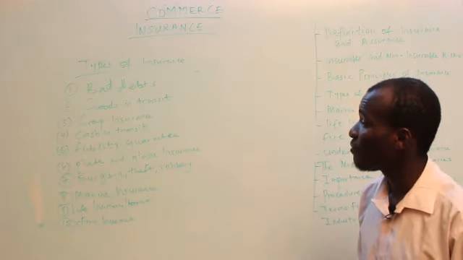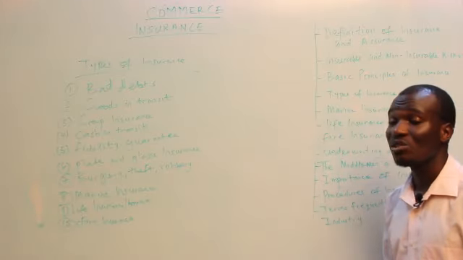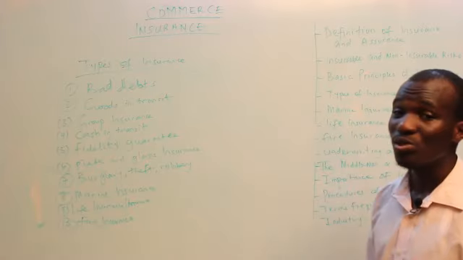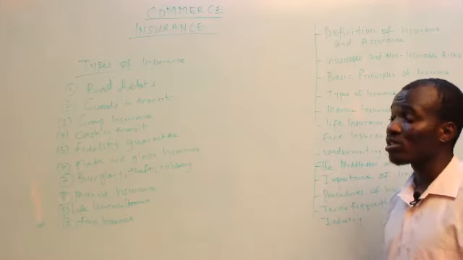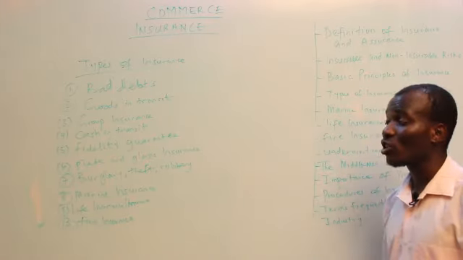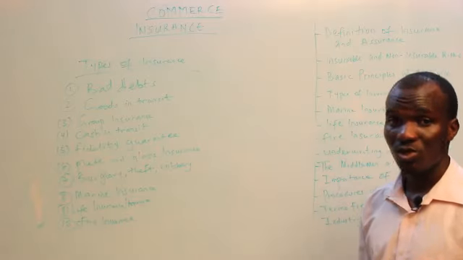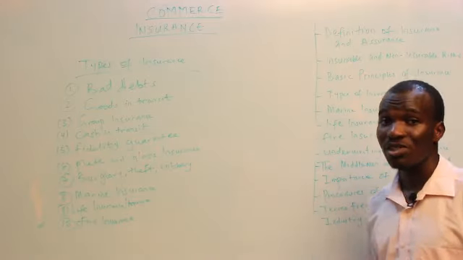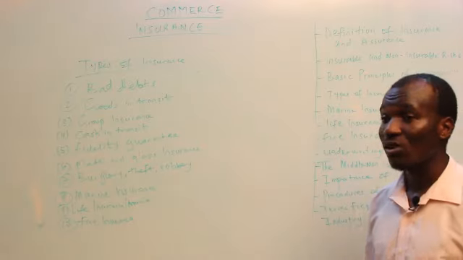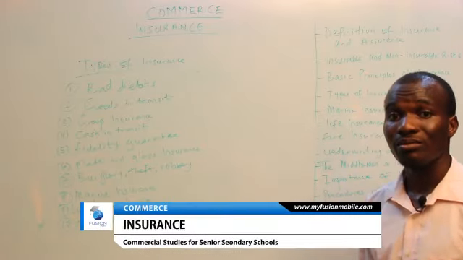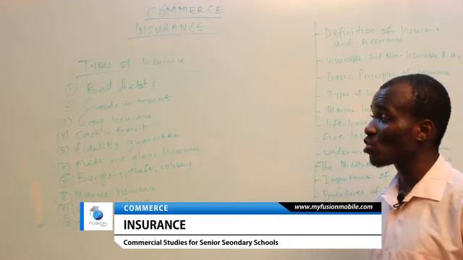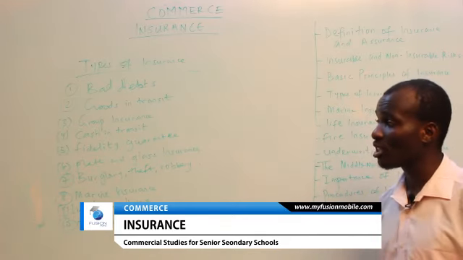Now the next thing is fidelity guarantee insurance. This makes provision for losses or liability that arise as a result of untrustworthy employees. It means an employee who has been put in a post of honesty and trusted by the organization.